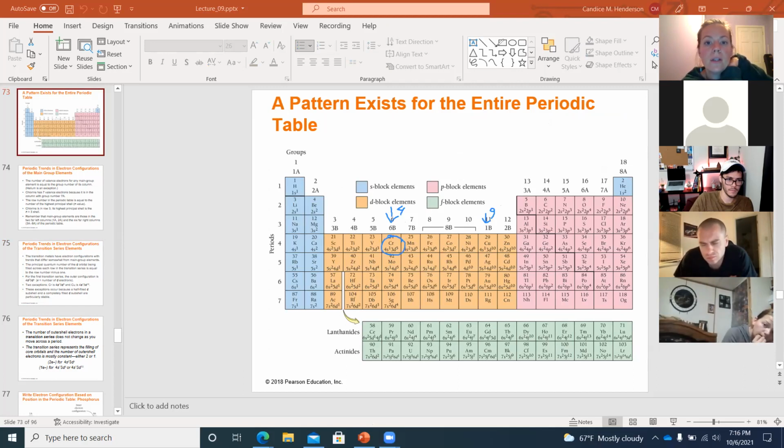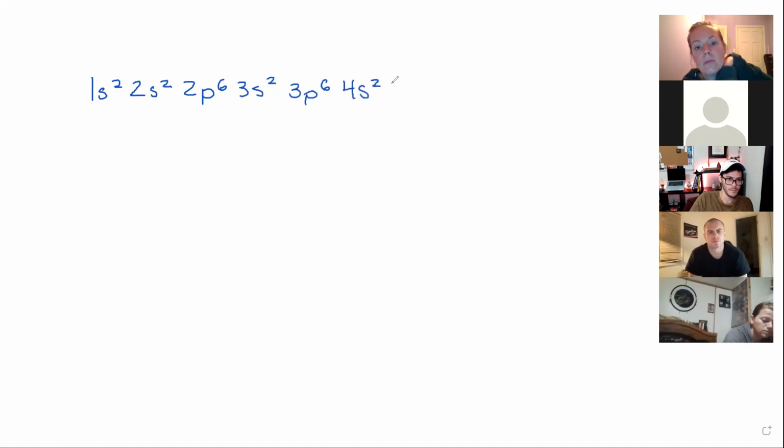Traditionally, from what you understand about configurations, this is what the chromium configuration would look like: 1s2, 2s2, 2p6, 3s2, 3p6, 4s2, 3d4. There are 4 electrons in that d.